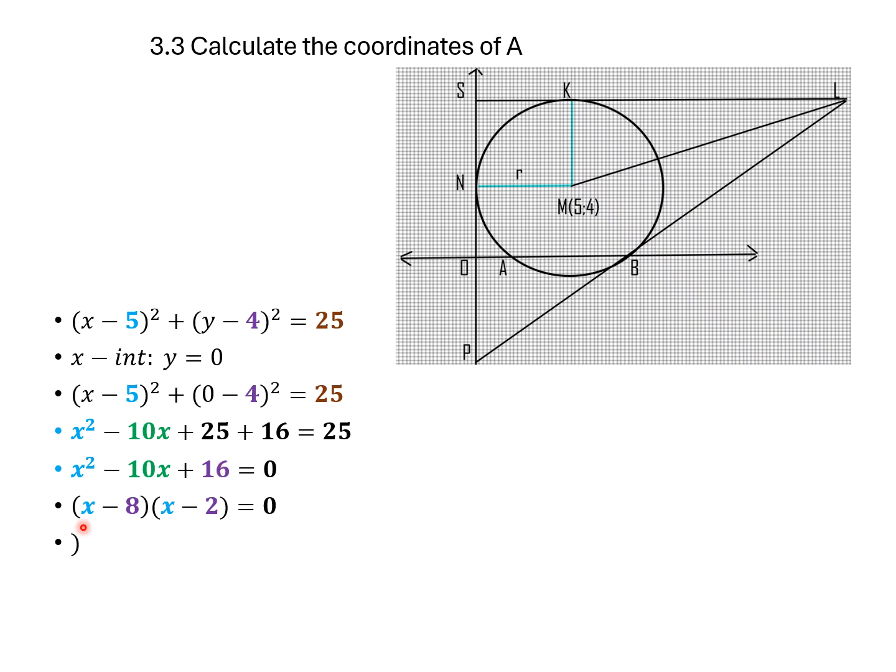So x equals 8 or x equals 2. Looking at where A is, A would be 2 and 0, and B would be 8 and 0, because they are the two x-intercepts.